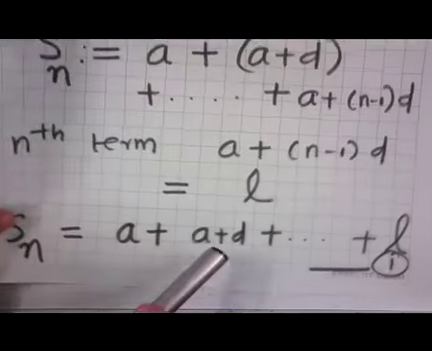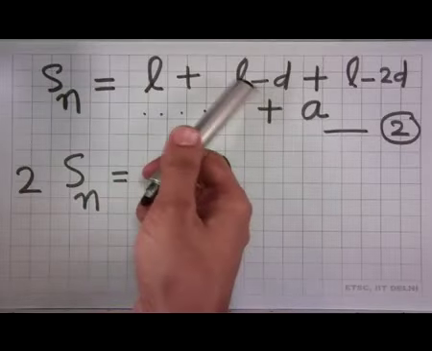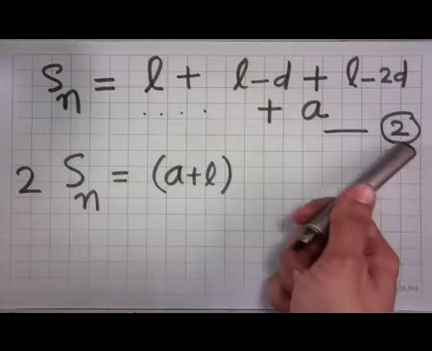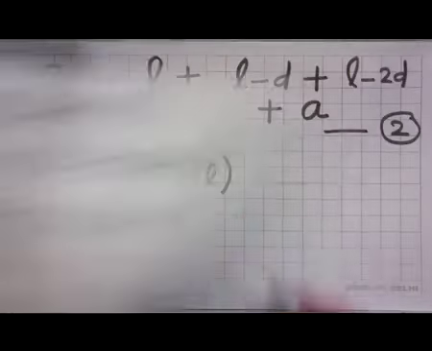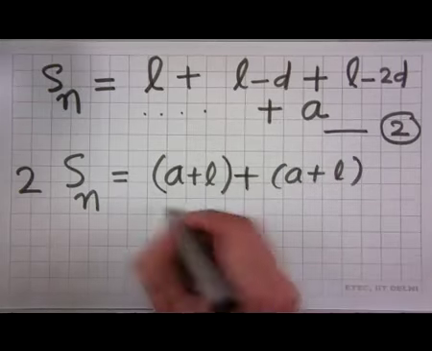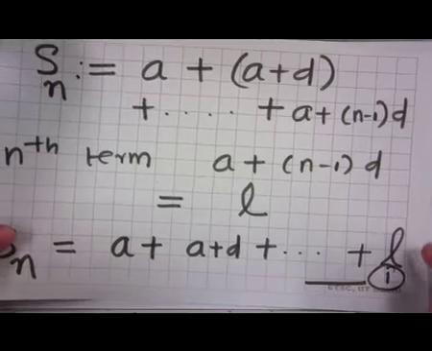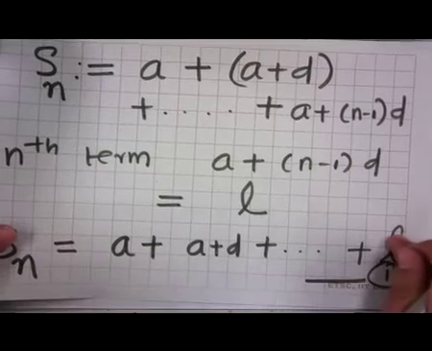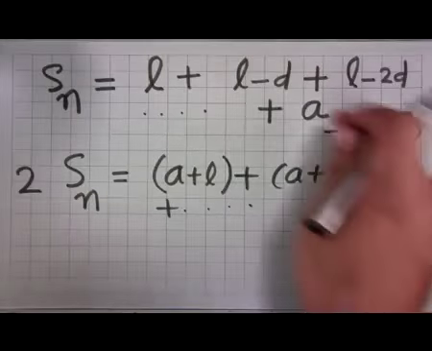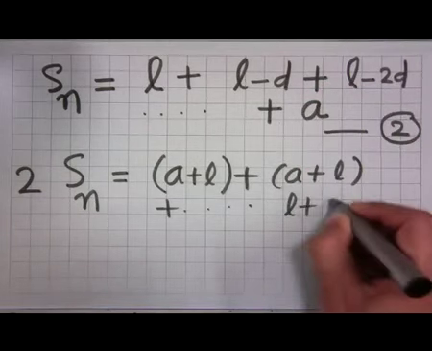Similarly, the second term a plus d in the first expression and the second term L minus d in the second expression add up to give a plus L. d gets cancelled and so on. The last term in the first expression is L and the last term in the second expression is a, which adds up to L plus a.